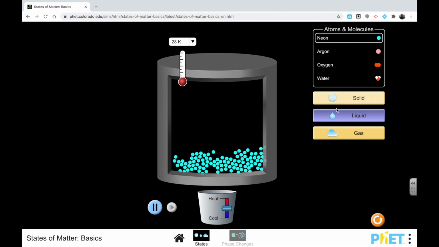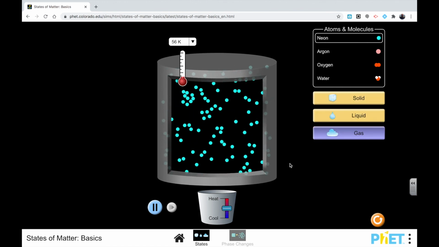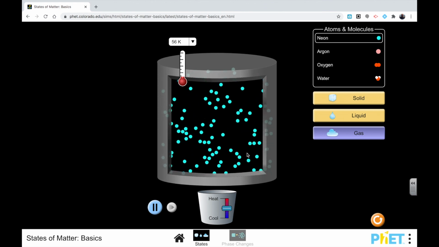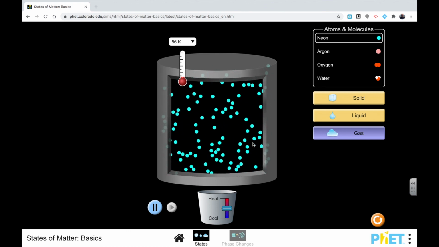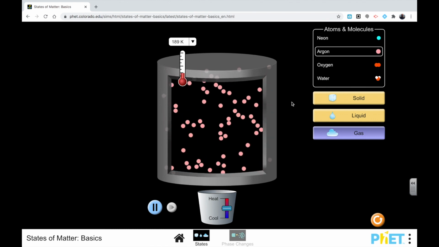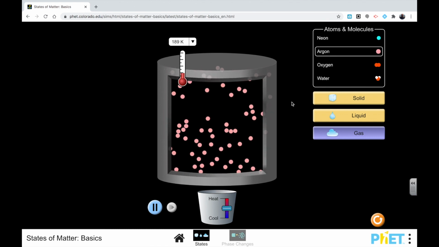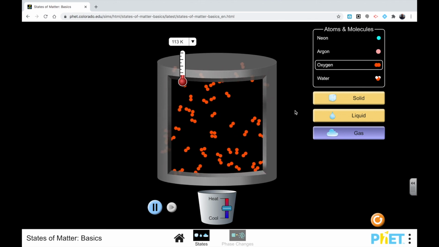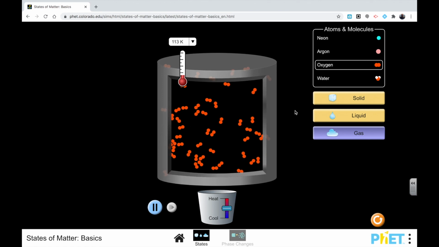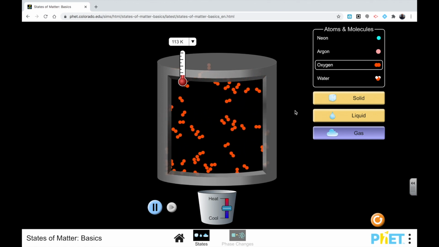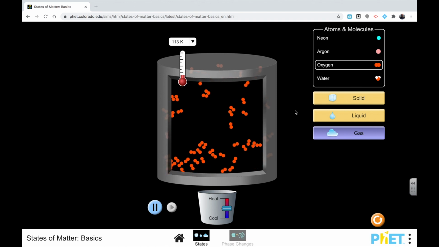So let's try one more time with gases. So here we go. That's what a gas looks like. You can see them bouncing around, and they behave pretty much like an ideal gas, pretty close. Argon also behaves pretty close to an ideal gas. But we get to oxygen, and we get some weird things going on. Watch it go. Now see if you can see one thing that contradicts.